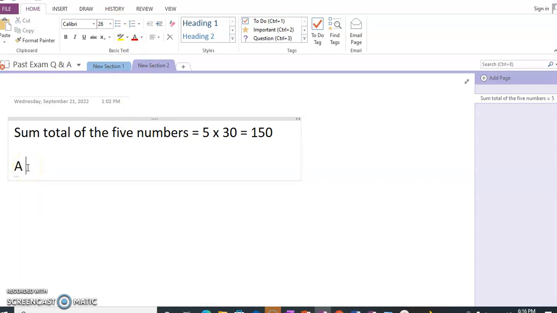You'll be having A, which is the first of those numbers, plus A plus 1, then plus A plus 2, plus A plus 3.